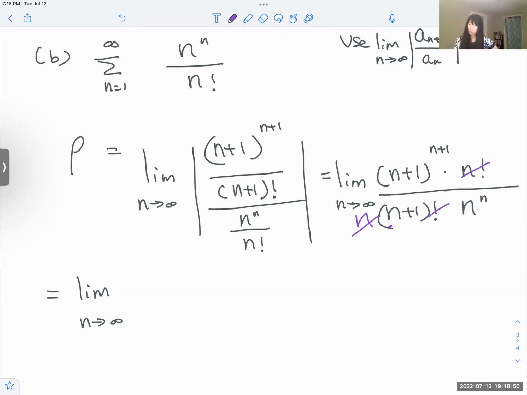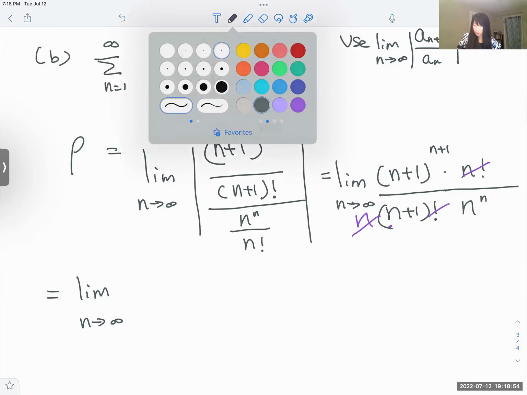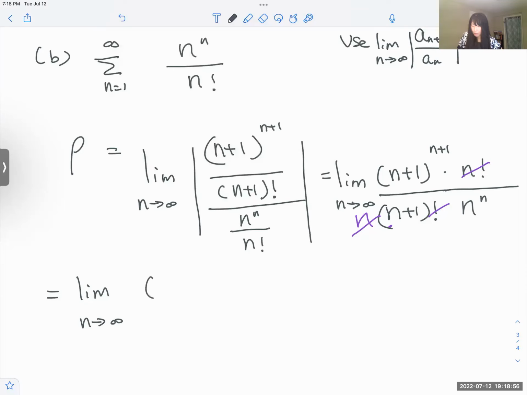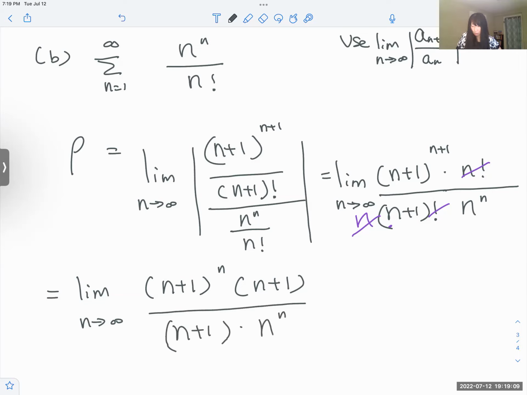I'll show you one more step. We have n plus 1 to the n power and n plus 1 to the first power over n plus 1, then times n to the n power. Okay, then we can simplify.